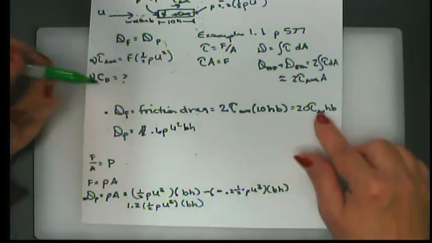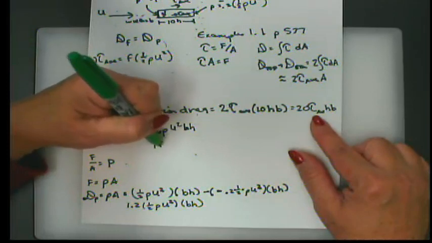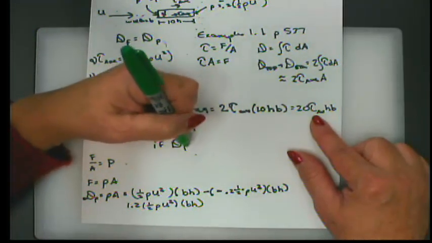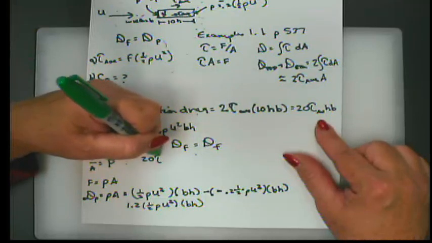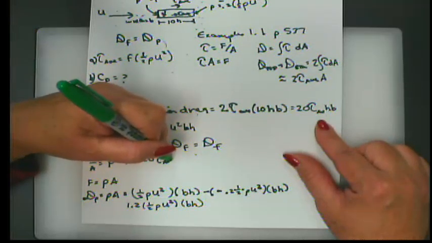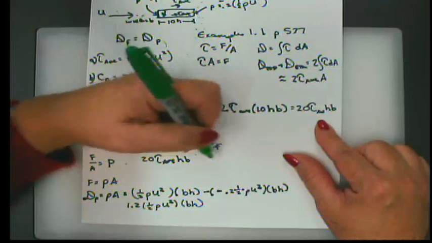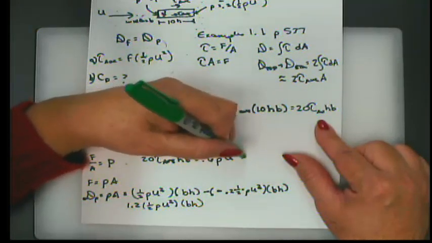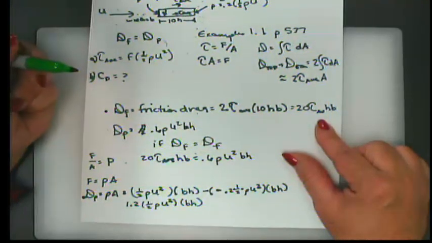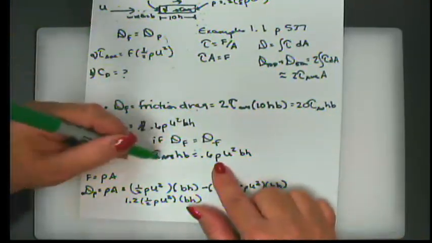All right, so if they're equal, then we can set those two equal to each other. So far so good, yes? And then we can just solve for tau average.